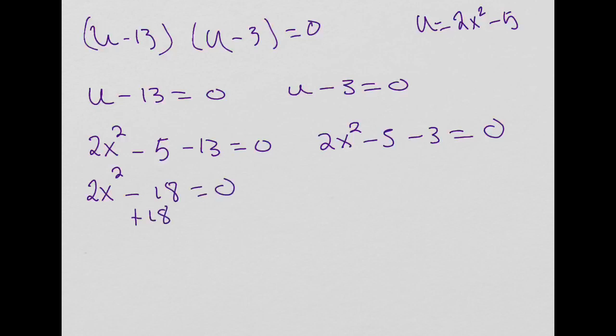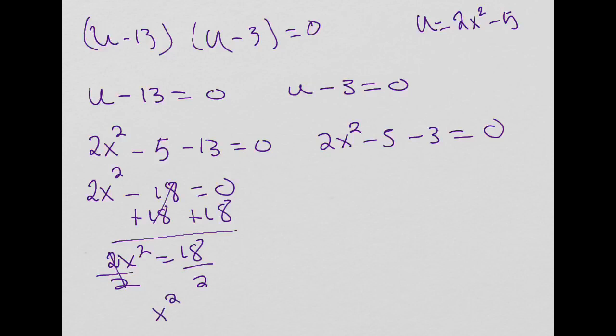I'm going to add the 18 to both sides. Divide by 2. x squared equals 9. And then in order to solve this, I'm going to square root both sides. So x equals plus or minus 3.